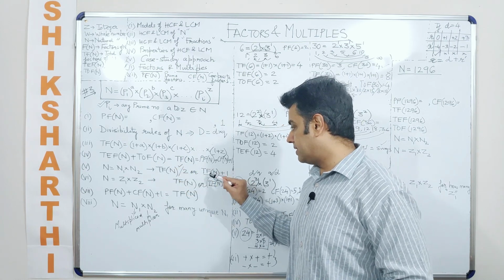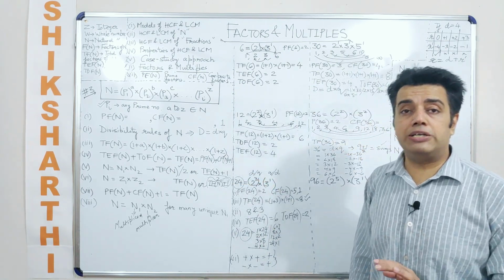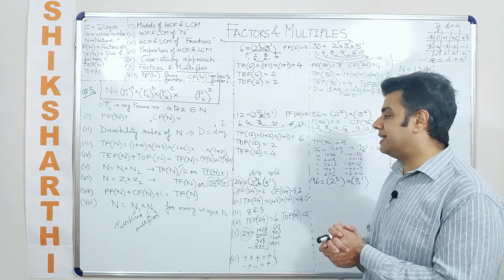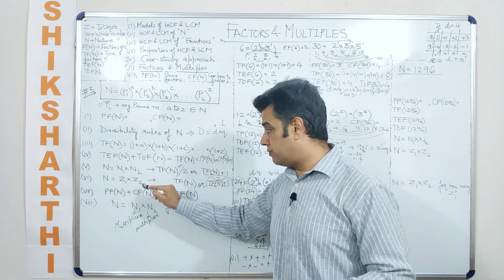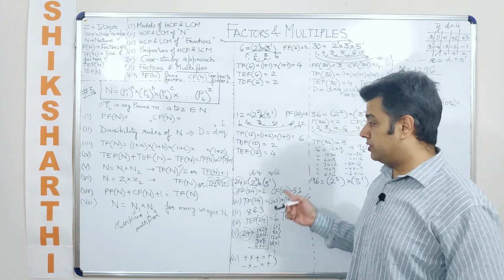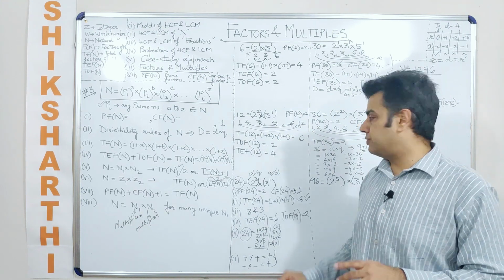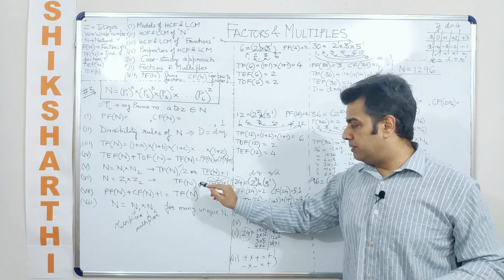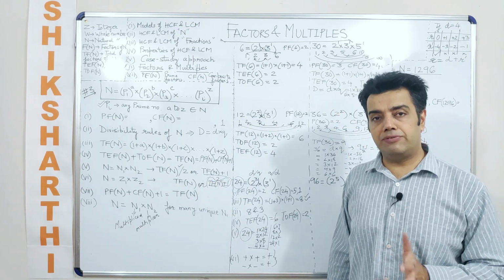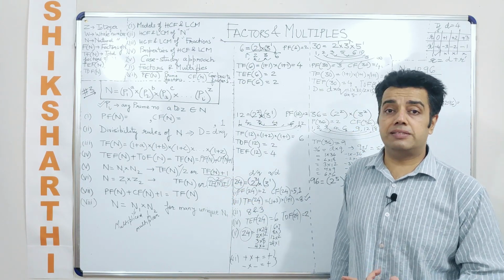If the total number of factors was an even number, you simply divide it by 2. If the total number of factors of a given number were odd, then you add 1 and then you divide it by 2. But if you had to write a number as a product of two integers, in the case wherein the given number is positive, for example we took 36, the total number of ways will be either the total number of factors of the given number, if the total number of factors is even, or the total number of factors plus 1, if the total number of factors is odd.